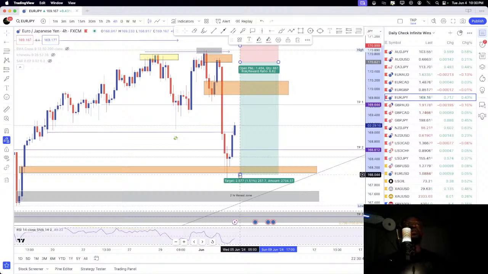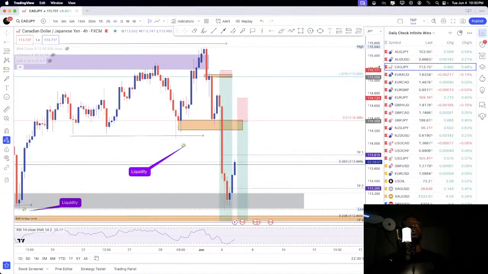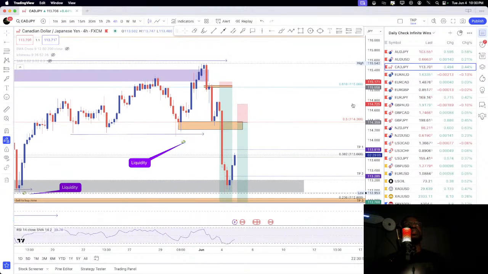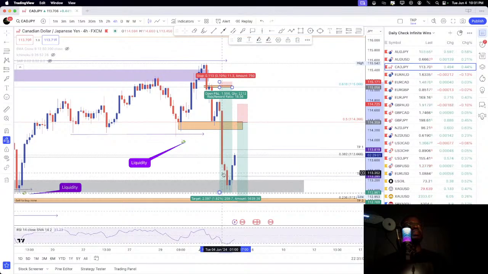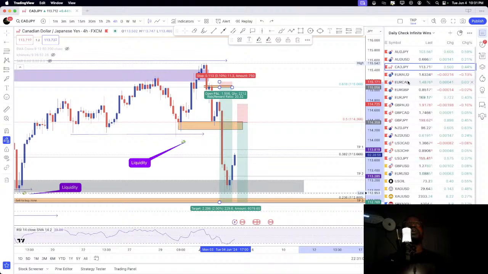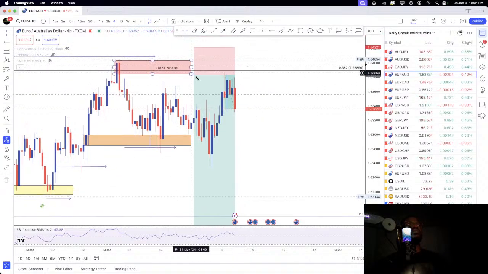That's almost a 1 to, no, that's a 1 to 7. Oh, EA activated. CAD JPY 1 to 18. Man, come on, that is just wild. Okay, wow. So this thing really showed up and showed out.